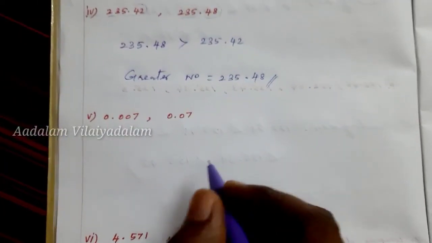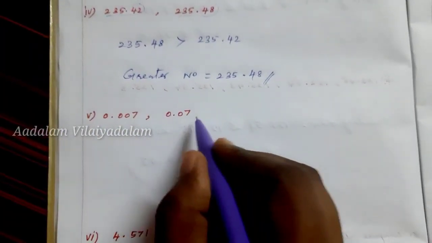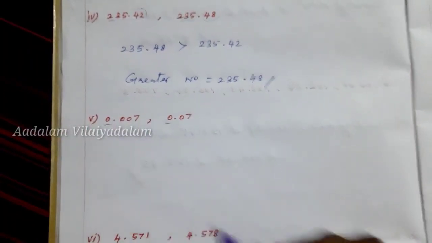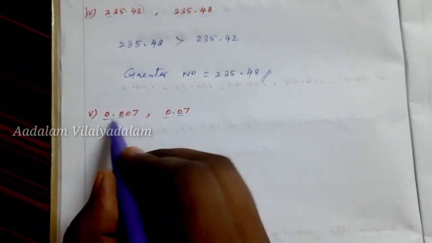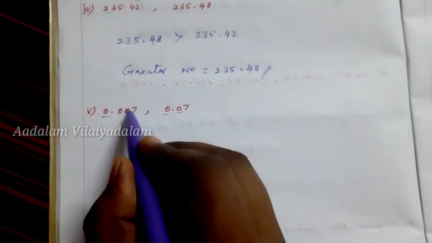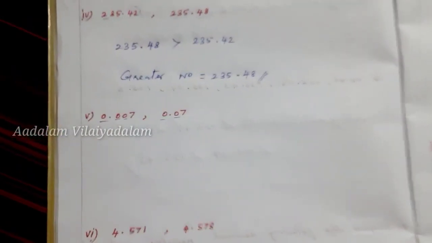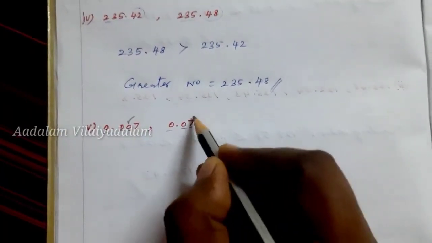Now for the fifth subdivision, 0.007 and 0.07. Let us compare the whole part. Both are same, isn't it? For the first part there is a 0. For the second part, you see the place value of the second one. Here we have 0, but here we have a 7.